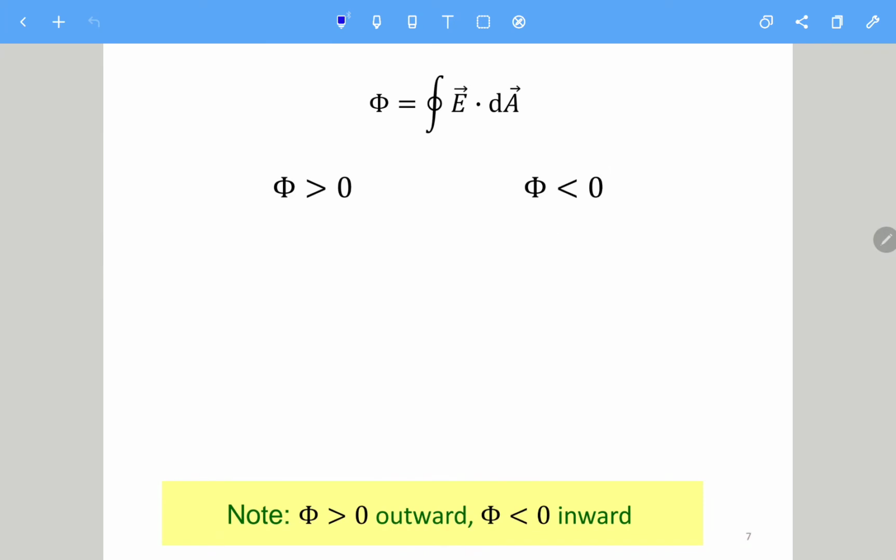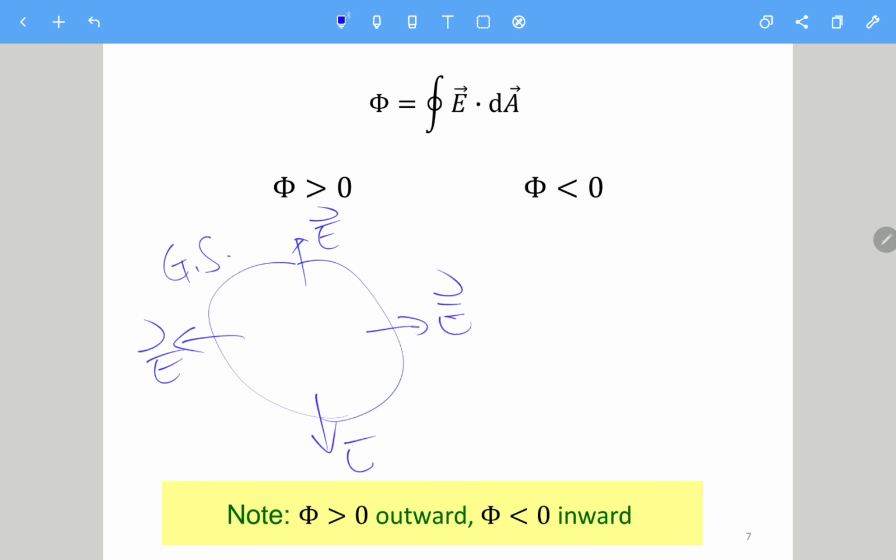So here, if we have a Gaussian surface, and an E field generally going outside, then we will call this flux positive, because we also define dA perpendicular to the surface at that point and also pointing outside.